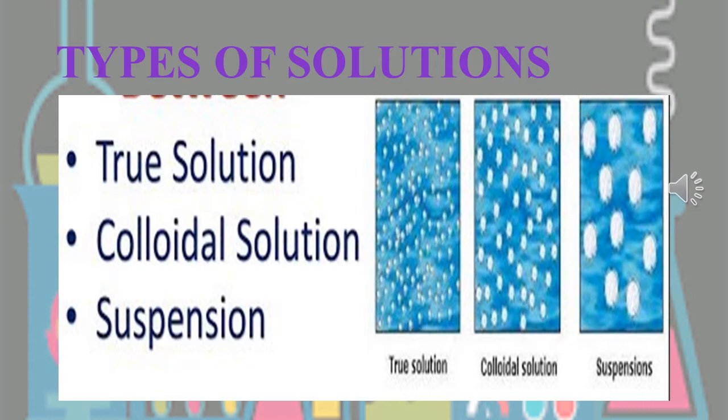That type of solution is said to be a suspension solution. So in a true solution the particles never settle down, but in a suspension the particles settle down at the bottom. These are the differences between true solution and suspension solution.